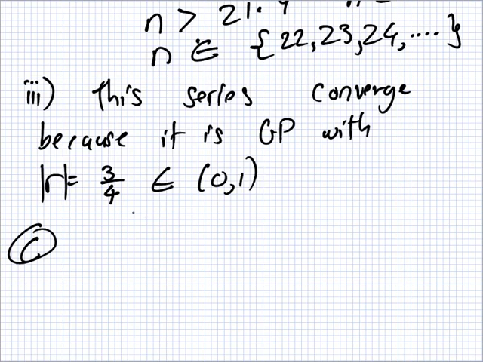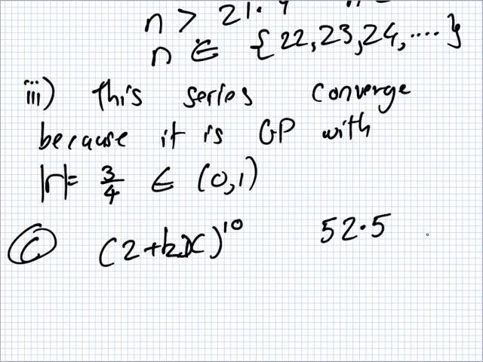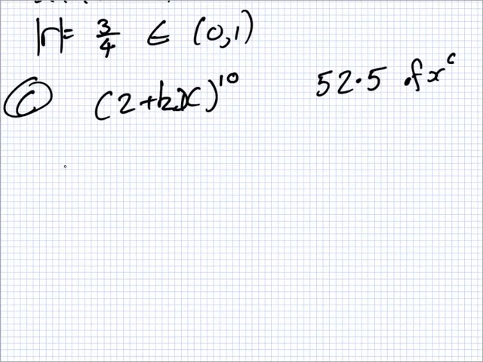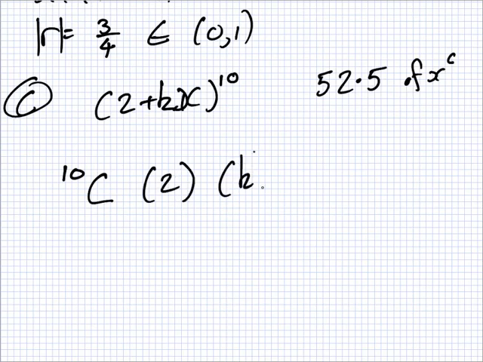Anyways, what they tell you is that the coefficient is 52.5. And this is the coefficient of x6. So the coefficient of x6 would be 10 C, there's a 2, and there's a k, and there's an x6. So the k must have the 6, the 2 must have 4, and this can be 2 or 4, or this can be 4 or 6.